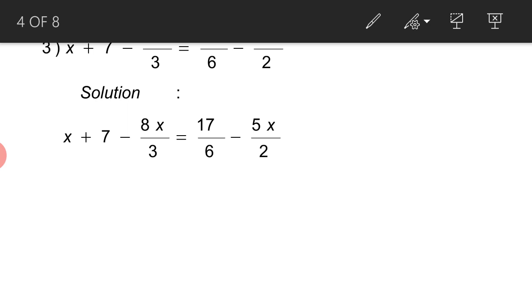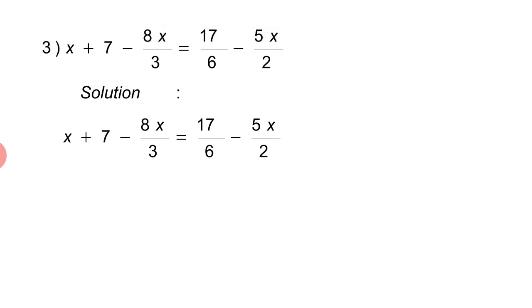So now let us collect the variable x first. x we will have, then minus 8x upon 3, and 5x upon 2 is shifted to LHS, so it will become plus 5x upon 2. Simultaneously we send 7, that term which is not having any variable, to RHS. So 17 upon 6 minus 7. Are you getting? So it was plus 7, so now it will become minus 7.